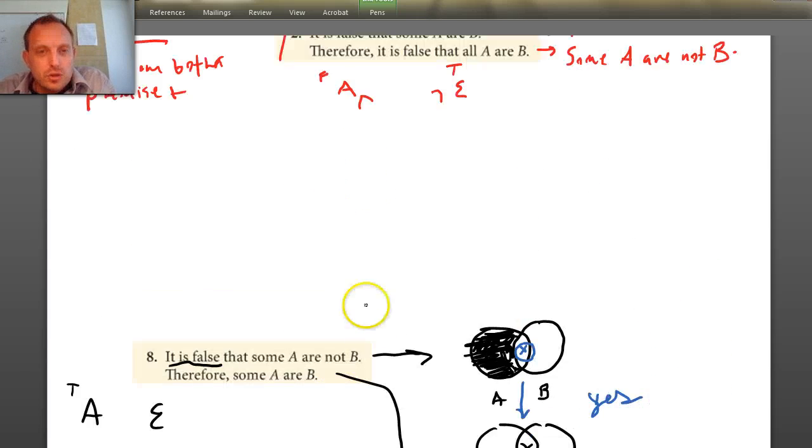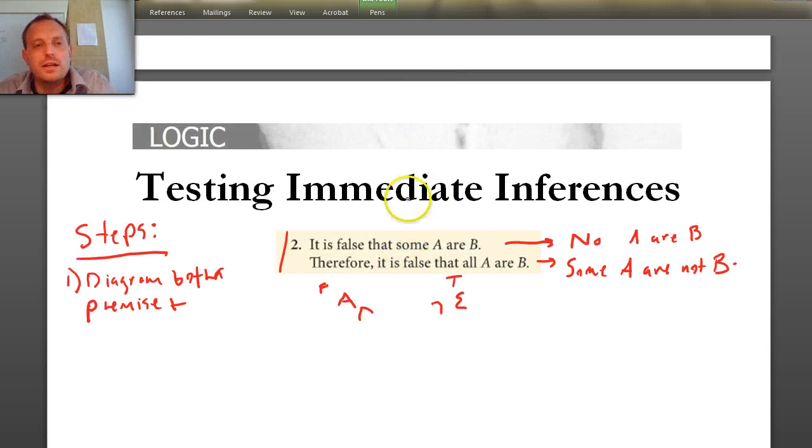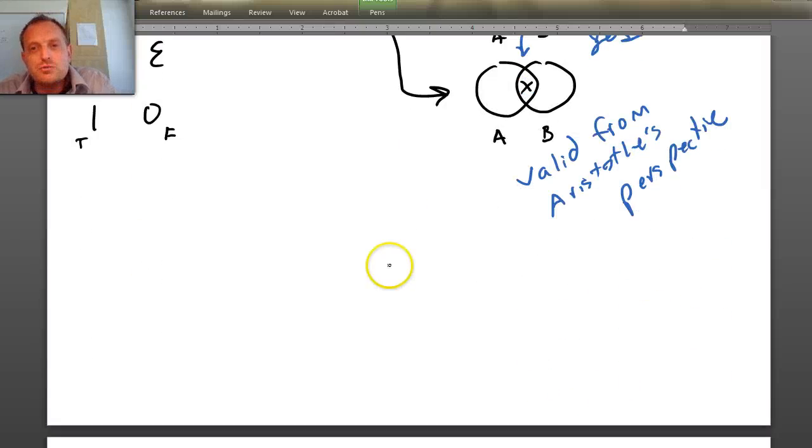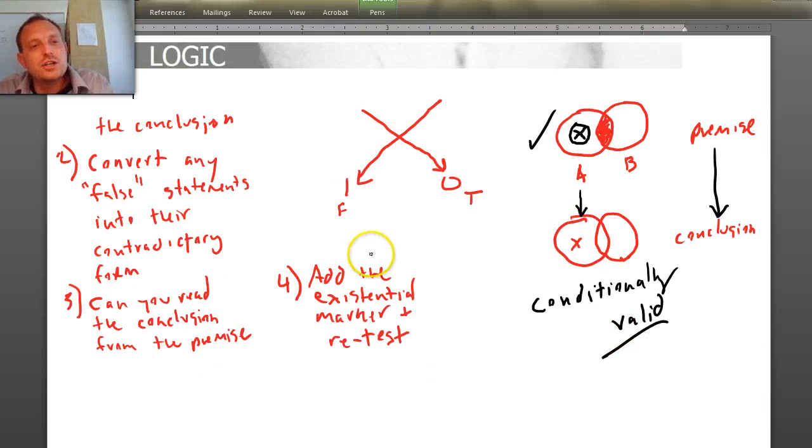Remember, the critical thing that a lot of you are probably going to get tripped up on is, don't diagram false premises. Convert those statements into the contradictory of them, right? Because you only want to look at what is true, okay? And that's how you do Venn diagrams from the traditional standpoint.